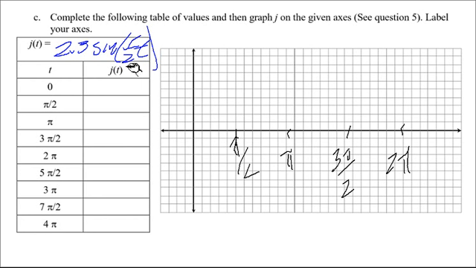Since it's going to take us twice the amount of time to complete a period, meaning we're traveling at half the speed, that tells us that after 2 pi, we will only have completed, let me just draw our standard curve here, from 2.3 to negative 2.3.